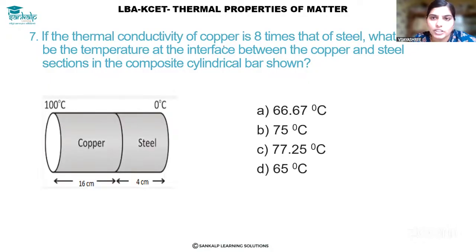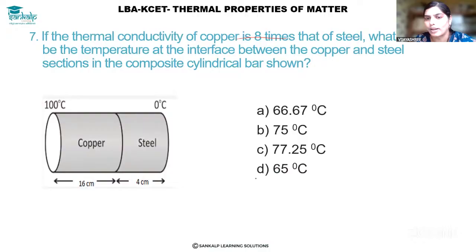So if the thermal conductivity of copper is 8 times that of steel, we have to consider the steady state. In steady state the rate of heat transfer through both sections will be the same.